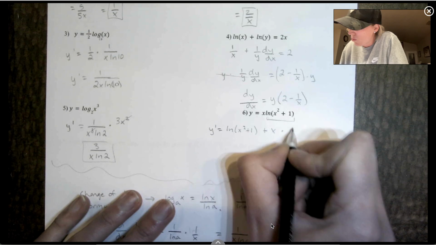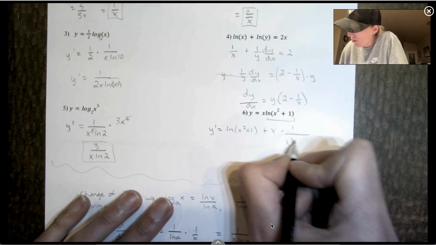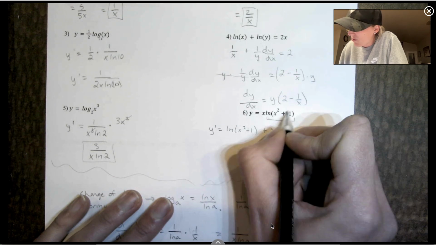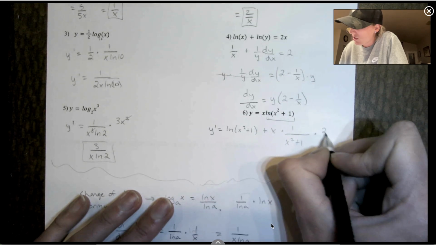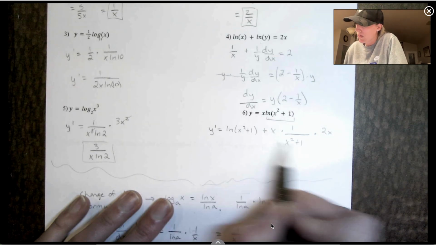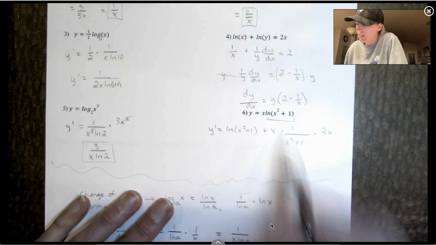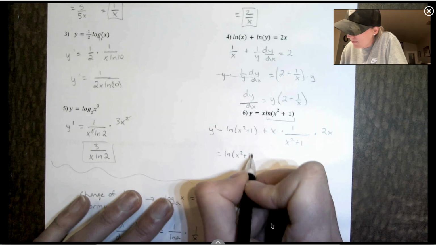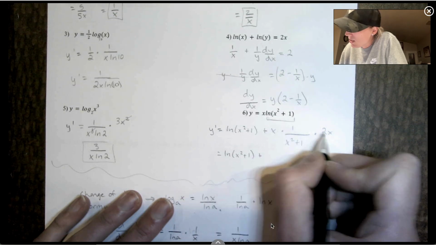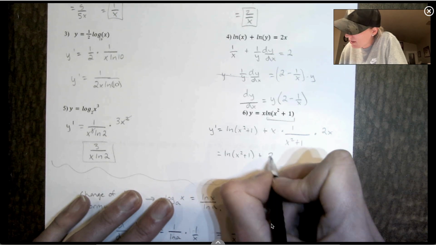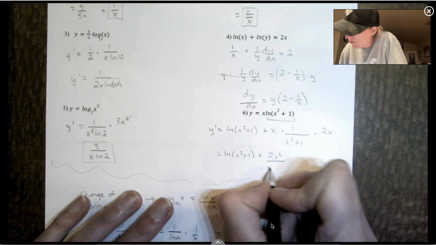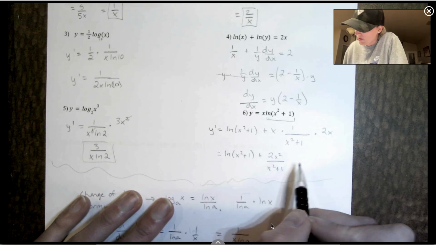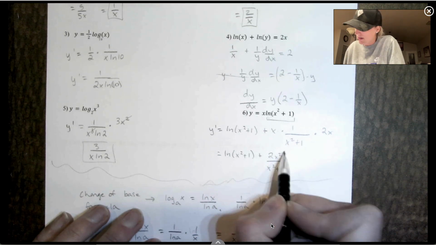So this is going to be 1 over x squared plus 1, and then the derivative of this inside function is 2x. This is all multiplication, so I can put these three together. We've got natural log of x squared plus 1 plus 2x squared over x squared plus 1.